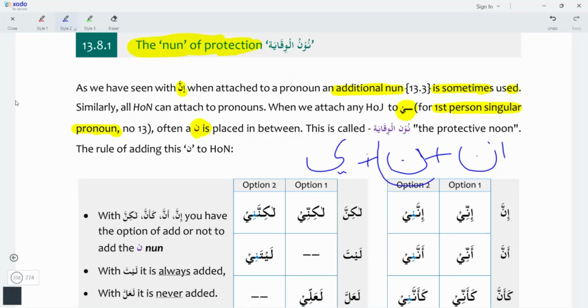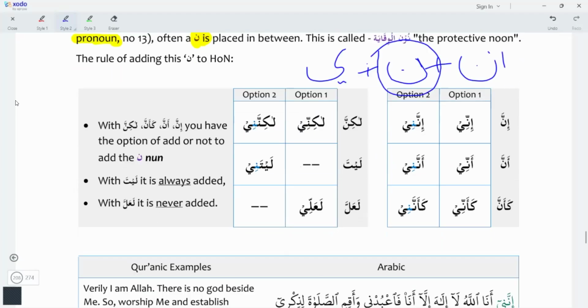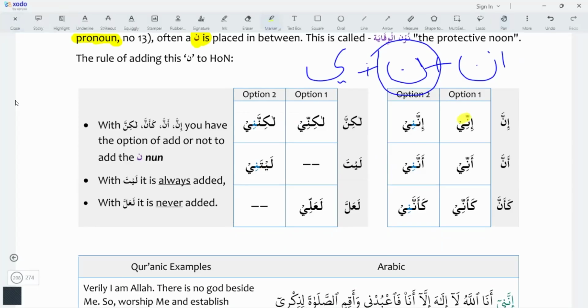So this noon is the noon of protection, noonul wiqaya. So there are two forms: inni, without the noon wiqaya, and innani, with the noon wiqaya. They both are correct.